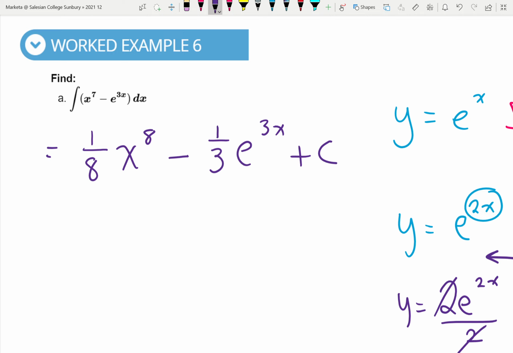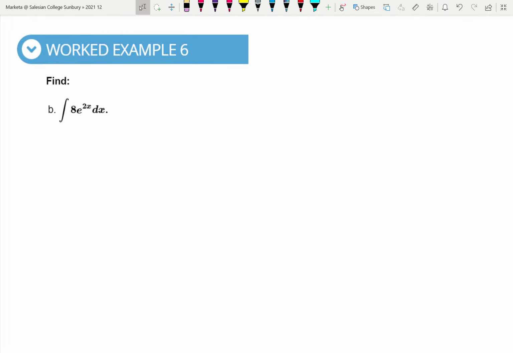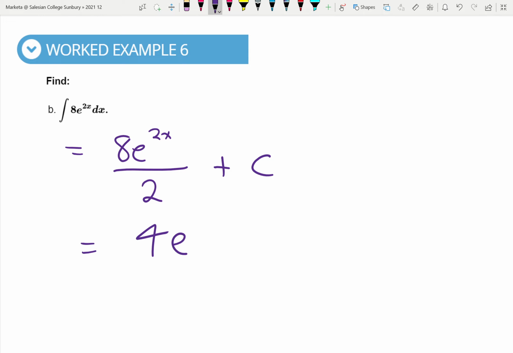And we do need the plus c here because it doesn't say find an antiderivative, so we do need the c. This one, the same deal. We've got 8e to the 2x, and we're just dividing by 2, plus c, equals 4e to the 2x plus c. So again, pretty straightforward.